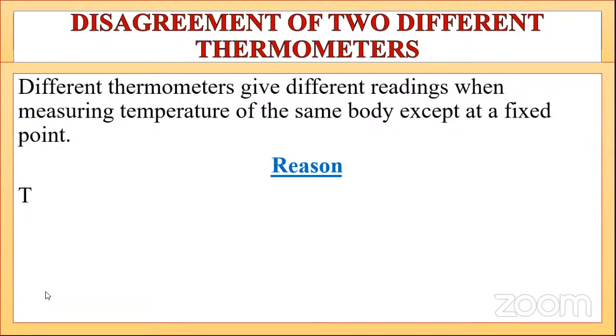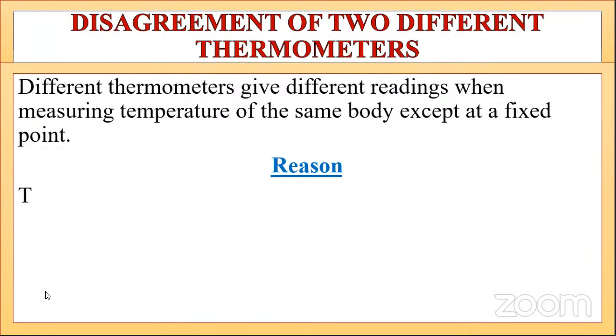Due to the differences in the variation of thermometric properties, they can never give the same reading except at a fixed point, because they are all calibrated, or made to agree, at a fixed point.